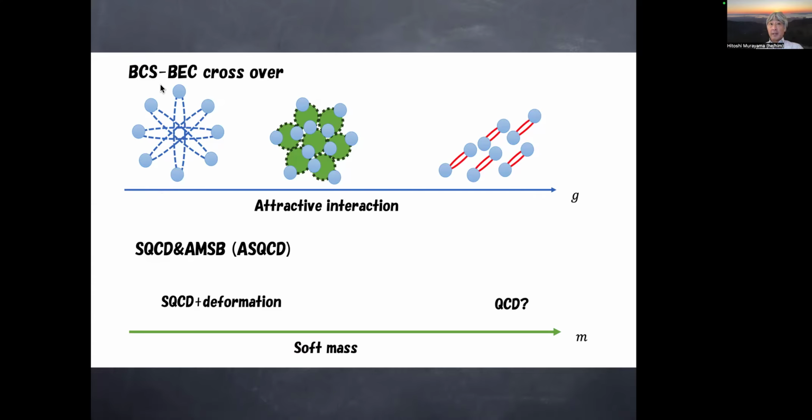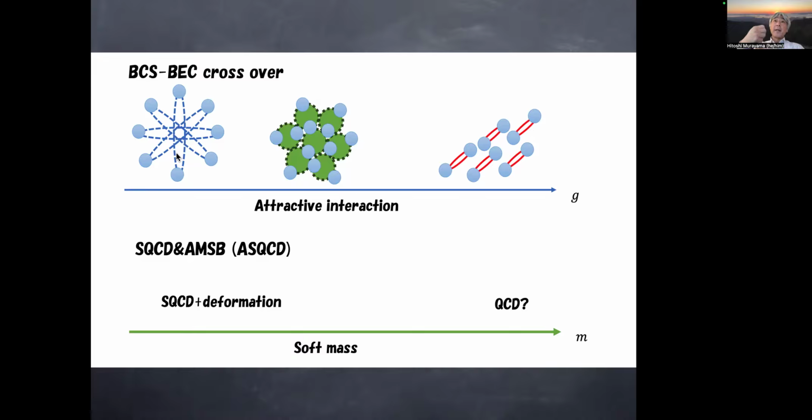That is superconductivity, indeed described by the Bardeen-Cooper-Schrieffer theory, BCS theory. So with a small attractive force, this gas of electrons would break the U(1) symmetry.